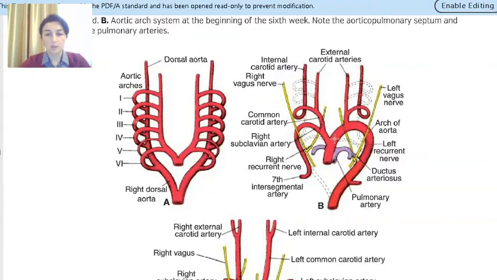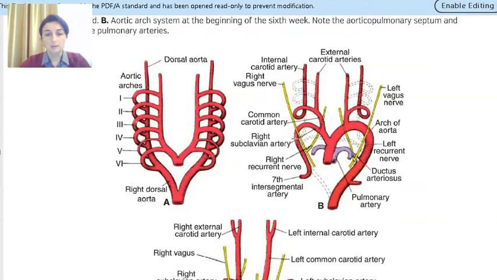Then the fourth one, as I mentioned, the fourth aortic arch will develop into the right subclavian in the right side and into the aortic arch of the aorta in the left side.